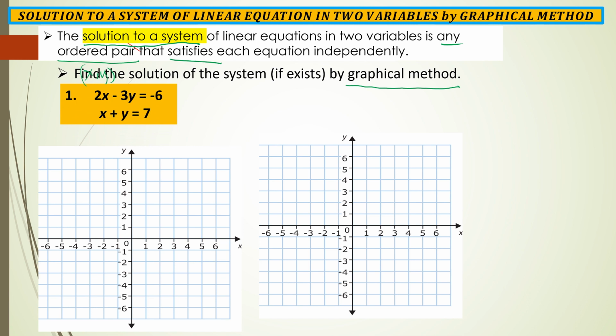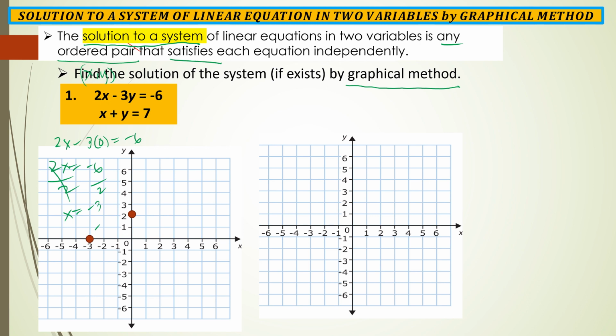So let us have number 1. 2x minus 3y is equal to negative 6 will be plotted in this manner. Getting the x-intercept, that will be 2x minus 3 times 0 is equal to negative 6. So 2x is equal to negative 6, all over 2. So our x-intercept is negative 3.